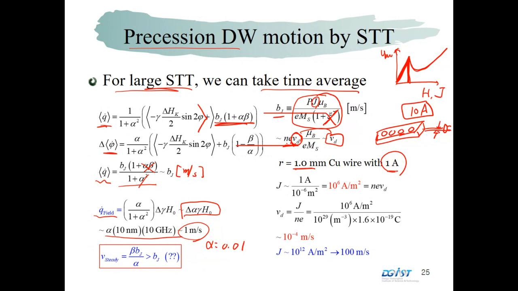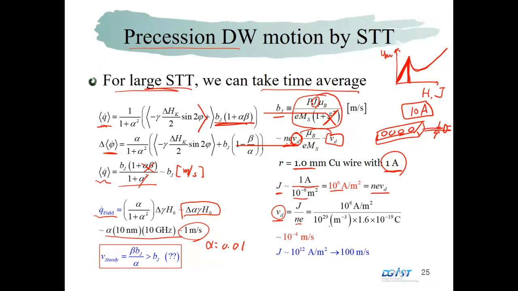The current density is given by 1 ampere divided by R square. So we have 10 to the 6 ampere per meter square, and it should be N e Vd. And the drift velocity of the electron can be calculated easily by this relation.